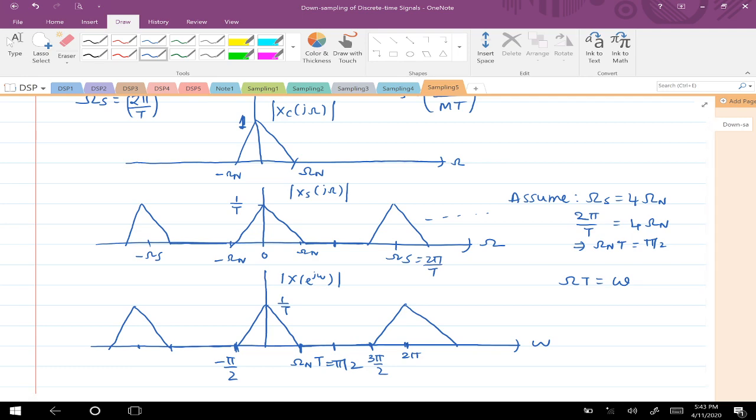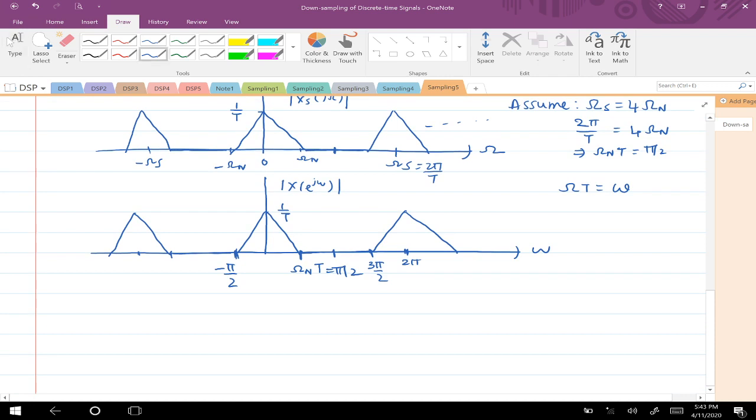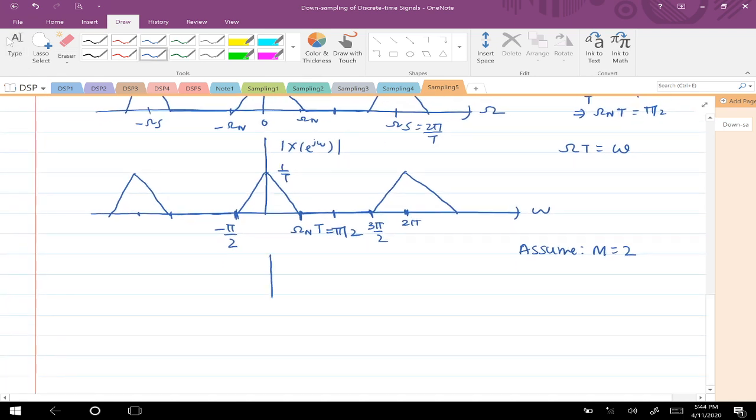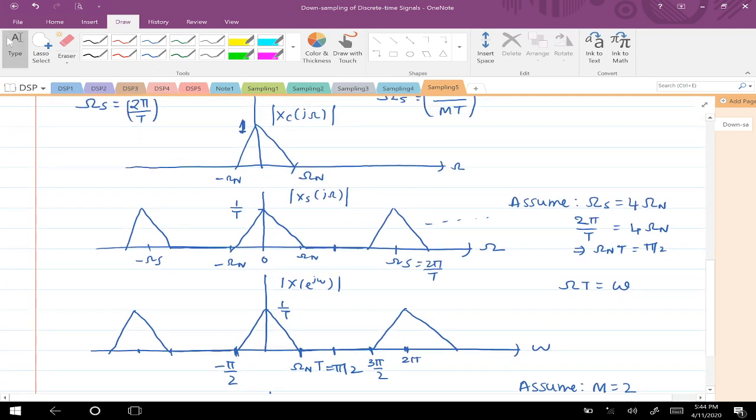Now assume that I am downsampling it further by M equal to 2. Let me assume further that I want to downsample it by a factor of 2. Let me draw that out here. I'll try to draw it from X of e to the j omega a little later, but before that let me try to draw this right away from here, from Xc of j omega.